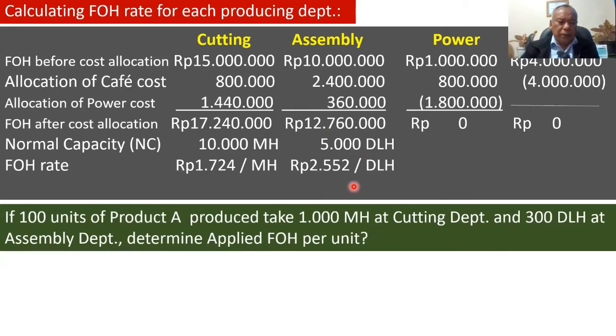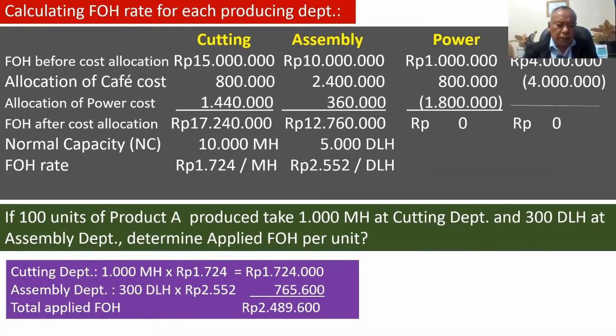We use the same case. For example, the company produces 100 units of product A and takes 1,000 machine hours at the cutting department and 300 direct labor hours at the assembly department. So determine the applied factory overhead cost per unit.